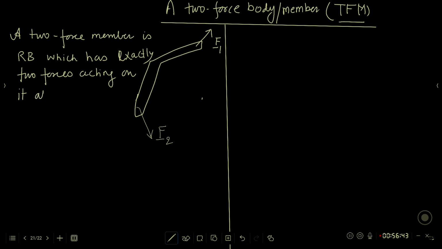Exactly two forces. Such a body is called a two-force body or a two-force member.